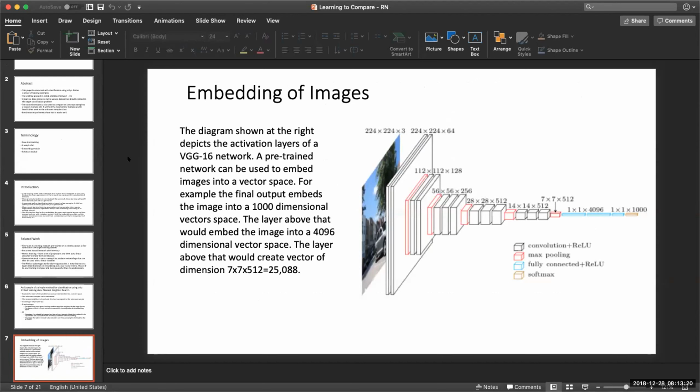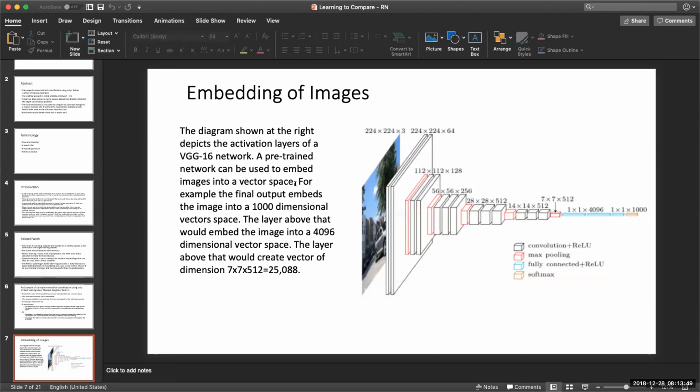You may already know quite a bit about this, but I'll just go over it as an example of an embedding of an image in a vector space. On the right, we have VGG16, which is available in a pre-trained form, and it can be used to embed an image in a vector space.